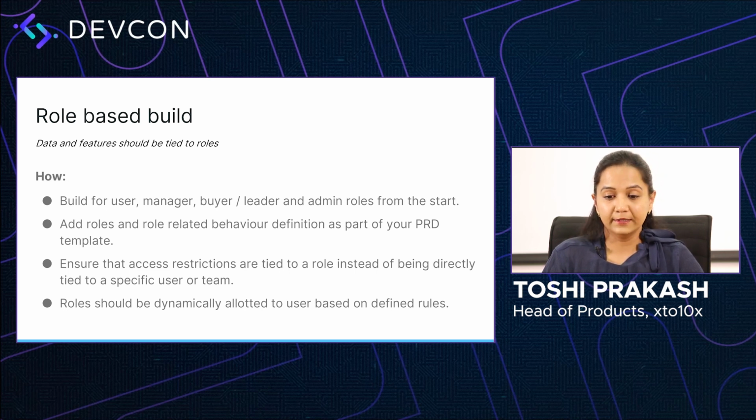Last but not the least, you should build for dynamically managing these roles and providing and removing people from the roles also. People come into an organization and leave the organization way more often than we imagine. And this happens very frequently the larger the organization is.